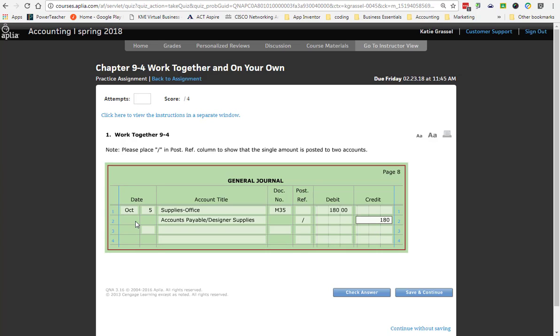So what is going on that we have so much merchandise that's being returned? So the account that we're going to be using is going to be called Purchases, Returns, and Allowances. And you are going to credit purchases, returns, and allowances. So you'll debit your accounts payable and you'll credit your purchases, returns, and allowances.